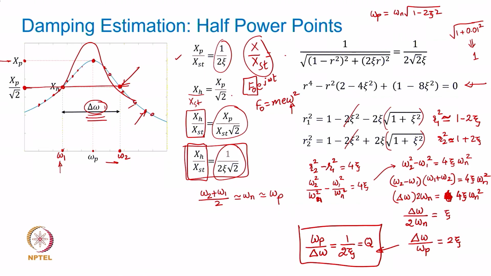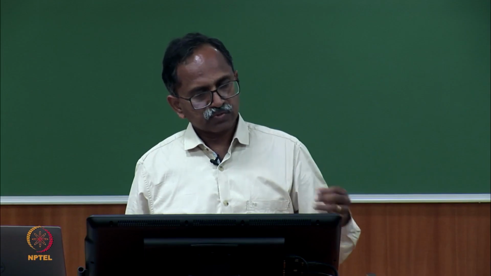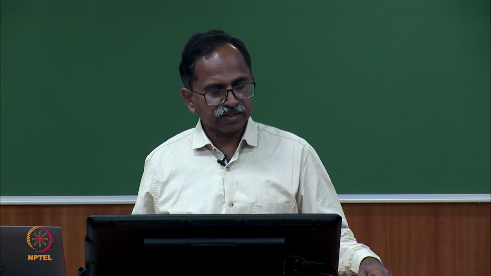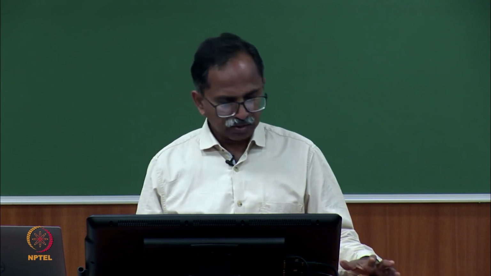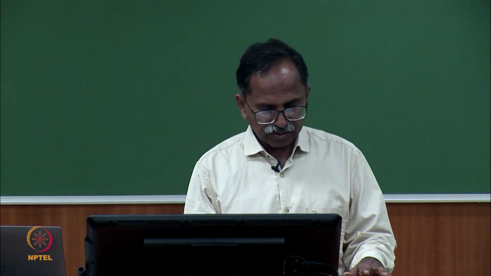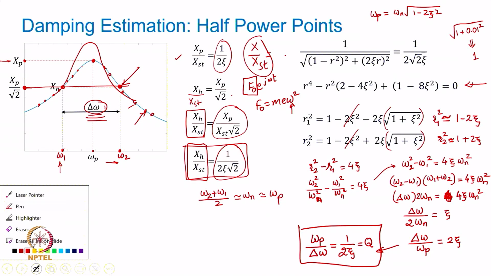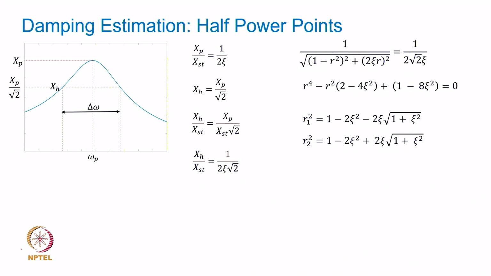So, the same method of finding out the damping using excitation through unbalanced excitation in a vibratory system is also valid. So, that is what you have here as another alternate method of getting the damping estimate.